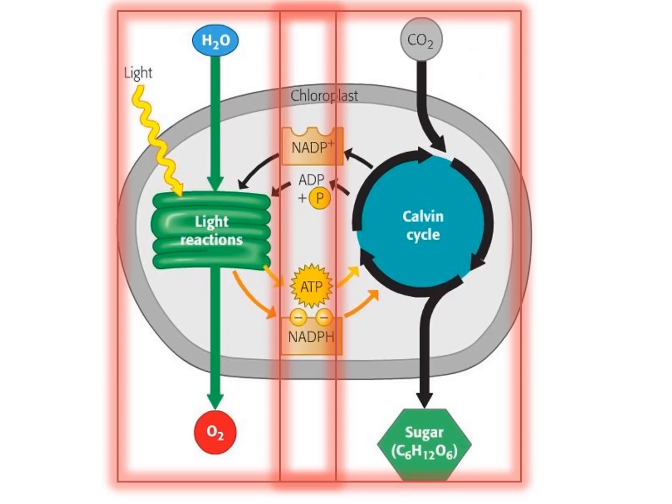And this ATP and NADPH will enter the Calvin cycle, followed by the absorption of carbon dioxide to produce sugar, as well as NADP and ADP plus phosphate.